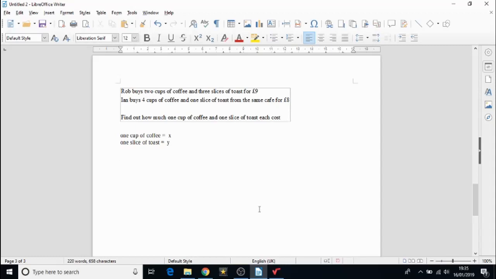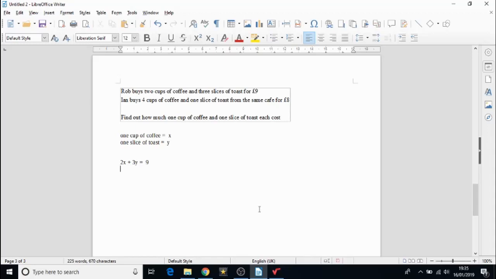Now you know this information, you can use it to write down what Rob got in a simultaneous equation. So Rob buys 2 cups of coffee and 3 slices of toast for £9. So that will be written as 2x plus 3y is equal to £9.